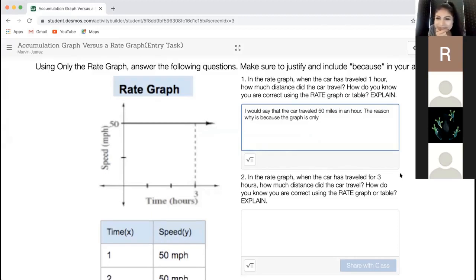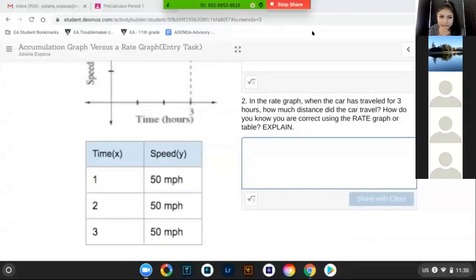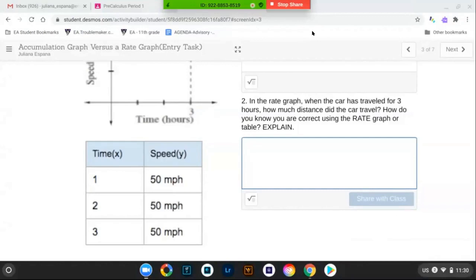The reason why is because the graph is only at 50. Oh. For every hour. Is that what we said? Exactly. But it says they're all 50. I'm not sure about this one.